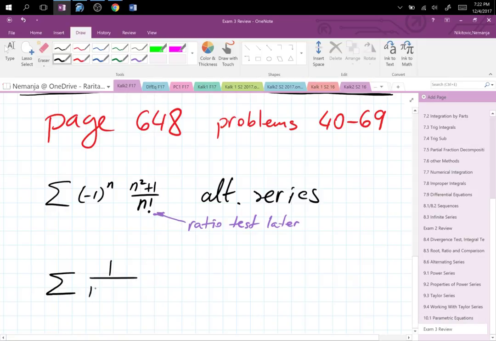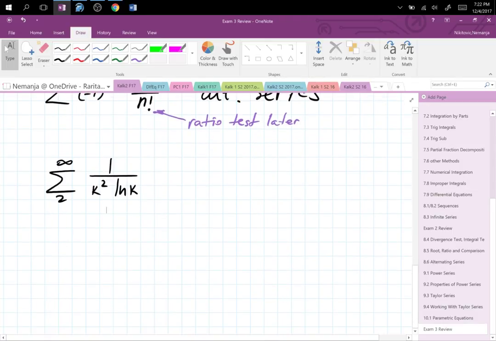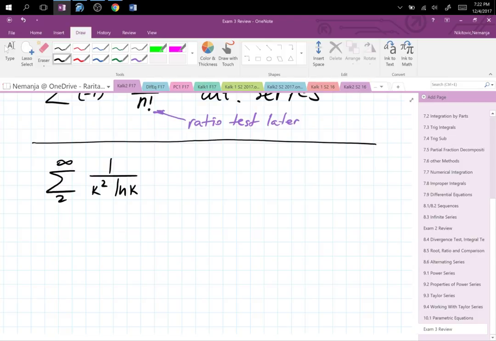So 1 over k squared ln k, sum from 2. I know it has to be 2 because I have ln k there. If you put 1, it's 0 in the denominator and the whole thing explodes, and that's not good. So this question is really cool. Kind of takes it away from the exam, but hey, it's always the next semester, right?